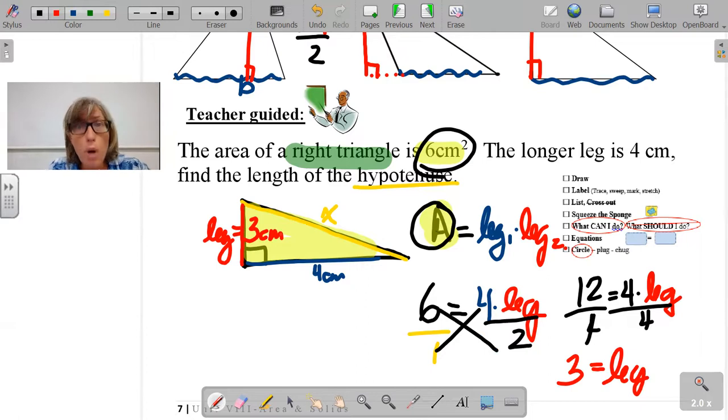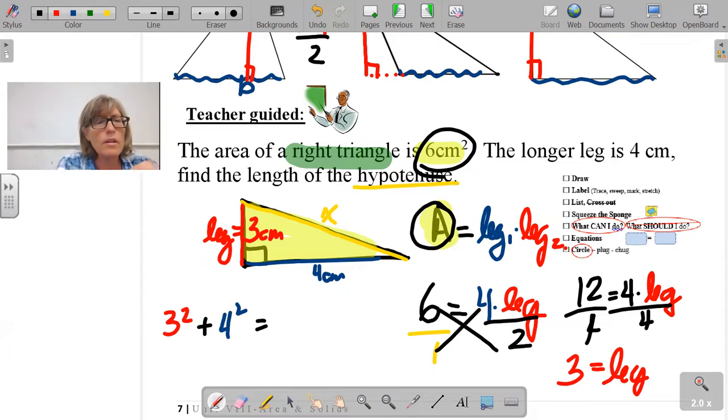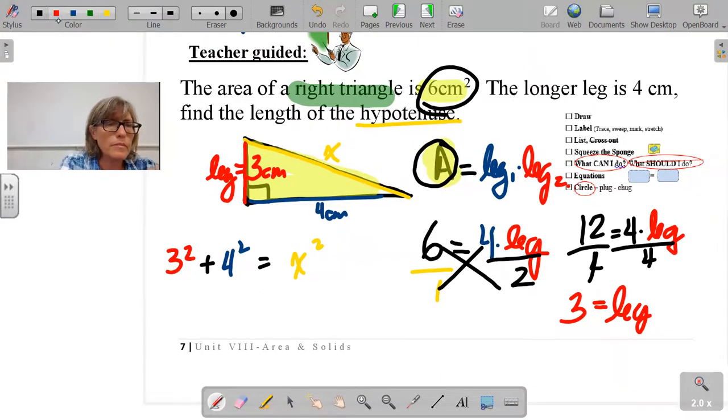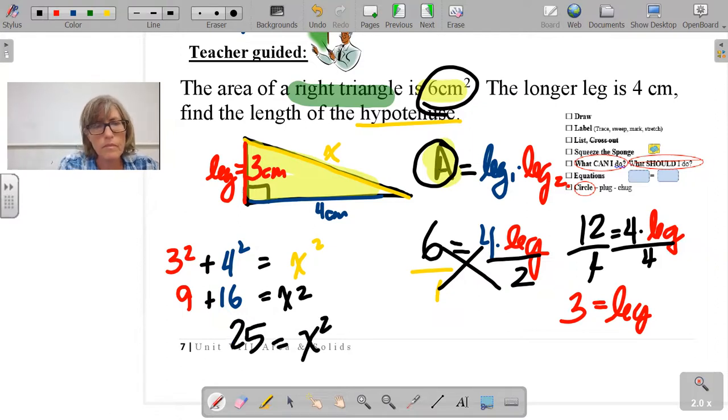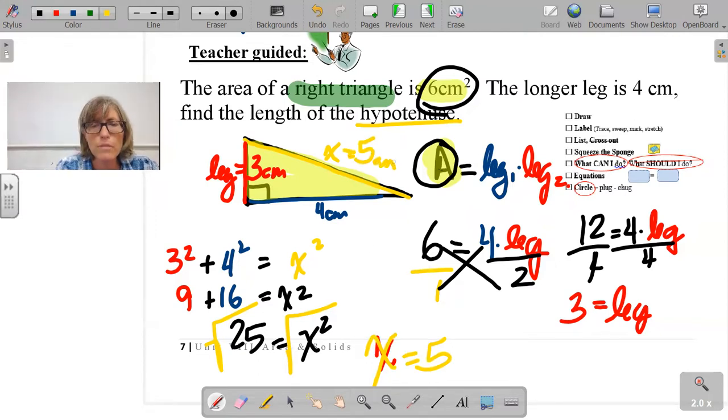It asked for the hypotenuse, which in this case would be: have two sides, need third side, Pythag. So 3 squared, 4 squared, unknown squared. Our hypotenuse would be 5 centimeters.